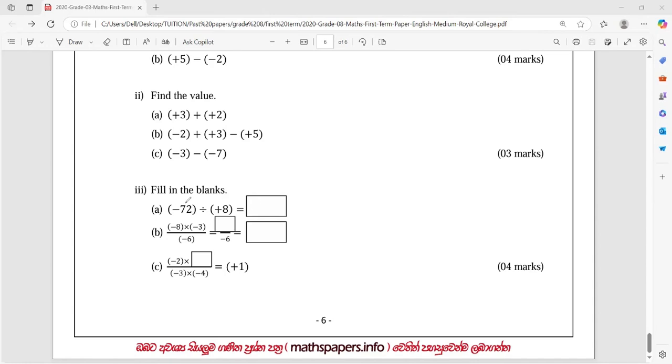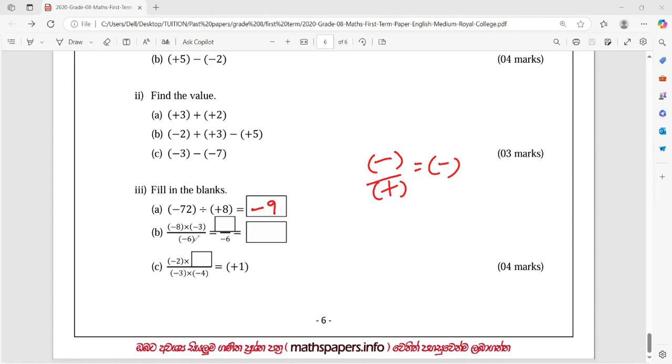Here you have division. So when you divide negative divided by positive, the answer is negative. Therefore, you have to divide 72 by 8, then you get the answer 9, but it is going to be negative 9.